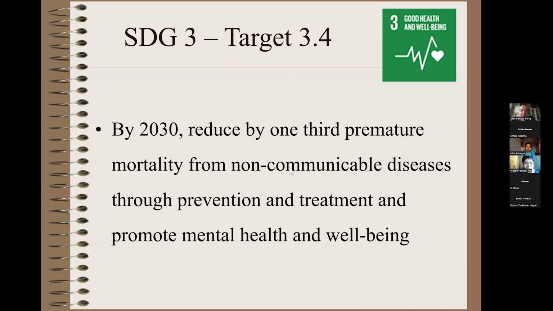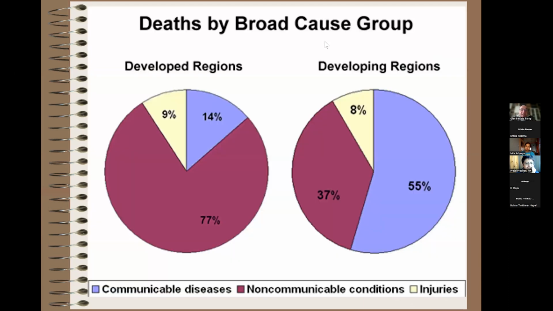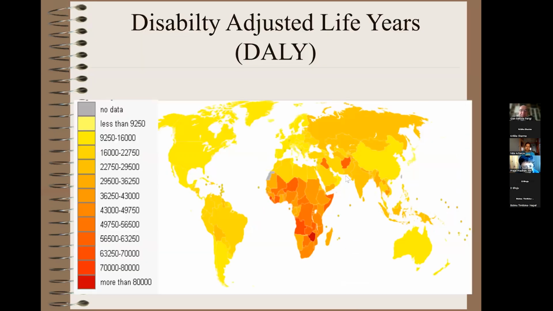Number 4, let's go quickly. One third, non-communicable diseases. Which are these non-communicable diseases? In developed regions, the non-communicable conditions account for the vast majority of pathologies, not yet in these regions.